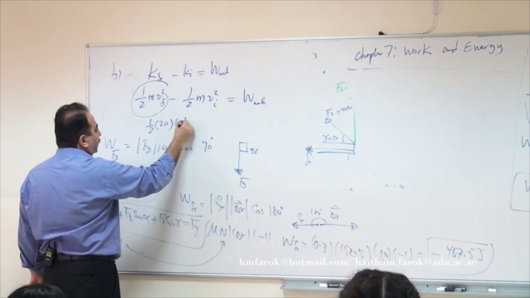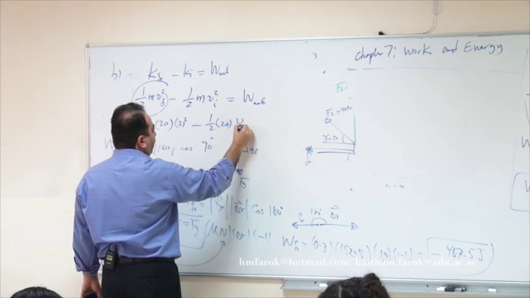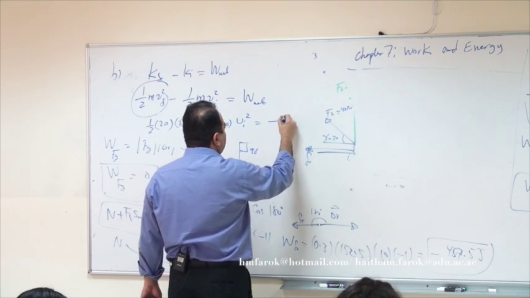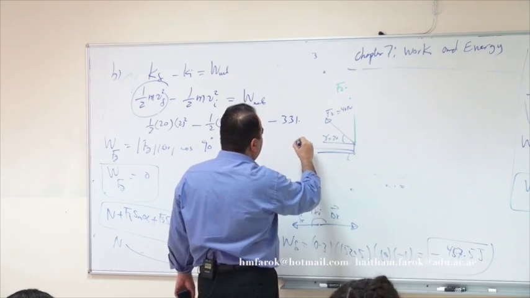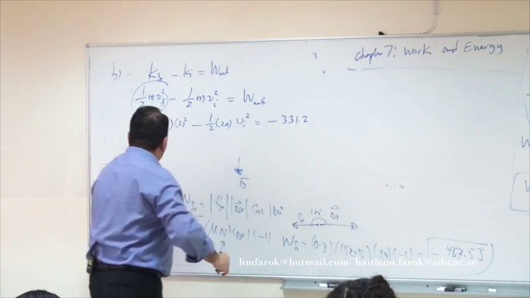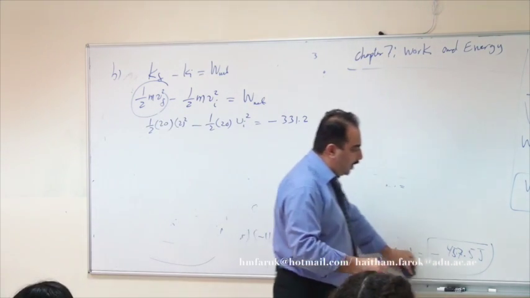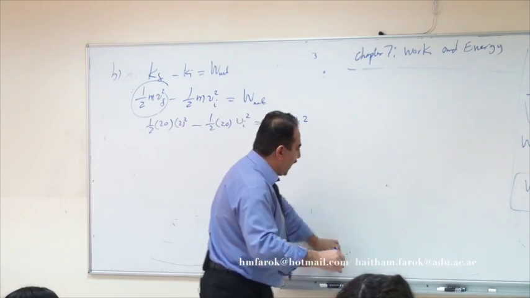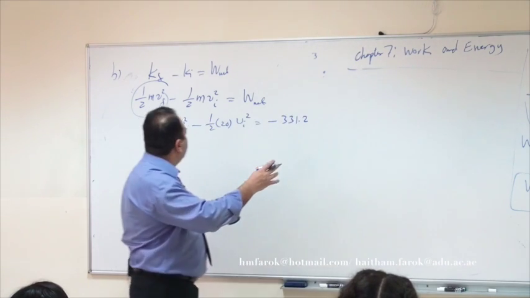And this is 2 square minus half 20 v initial square, and this is minus 3312. I should have checked the numbers before, because I did it in haste. I was just putting in any numbers. It's the idea of how you do it anyway.